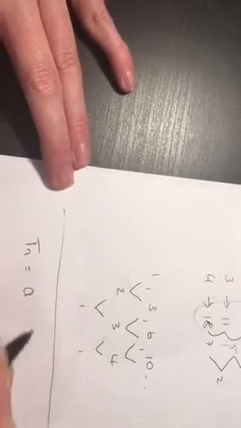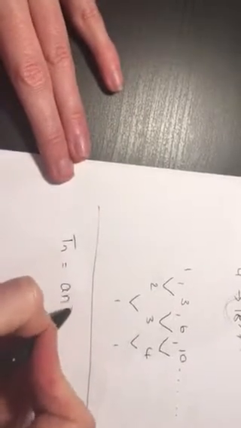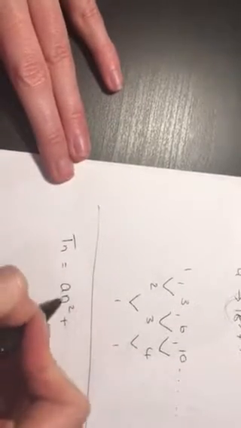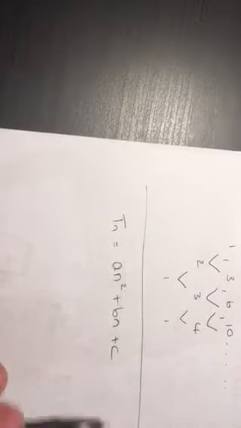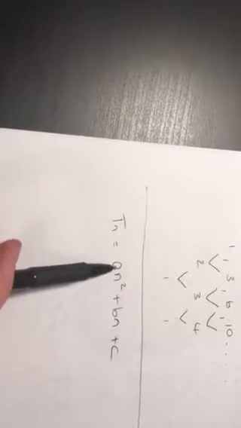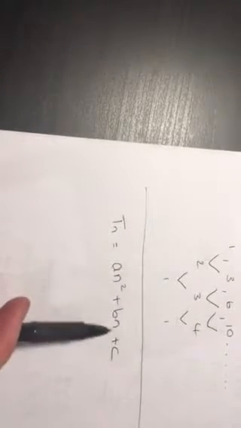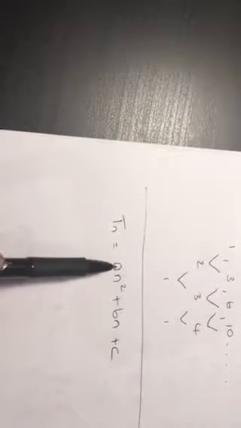So something n squared plus something n plus something. At most, that's what your general term of any quadratic pattern will look like. Some of them might be shorter, like 2n squared plus 3n, or just maybe 5n squared. They can be shorter than this, but at most, that's what it will look like.